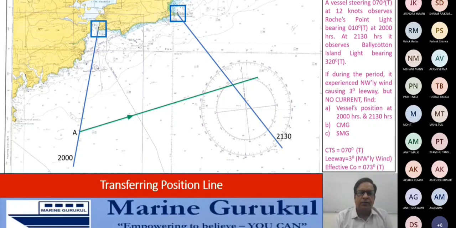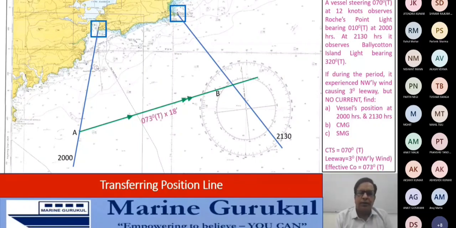The magnitude of this would be the engine distance for 1.5 hours, that is 18 miles. We get point B. That means the vessel from A would have reached point B after 1.5 hours because she would be moving along her effective track. So this also happens to be her CMG line.